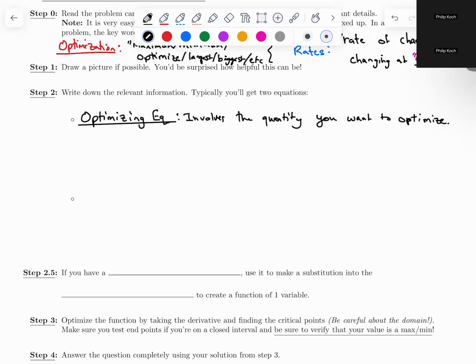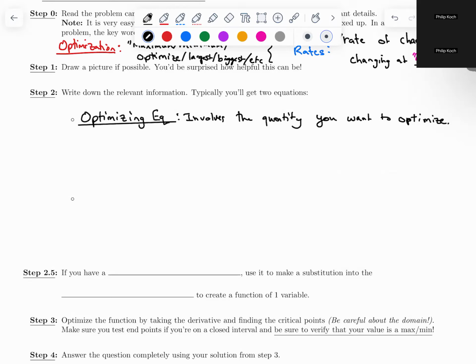So imagine, as an example, we'll see some things in the future, the question saying, find the dimensions that create the maximum area of a rectangle. Then the area is equal to length times width. That would be your optimizing equation because it's trying to maximize your area. Or maybe it's saying find the minimum perimeter, and you have P equals blah blah blah. P is trying to be minimized, so that's why you're using that situation.